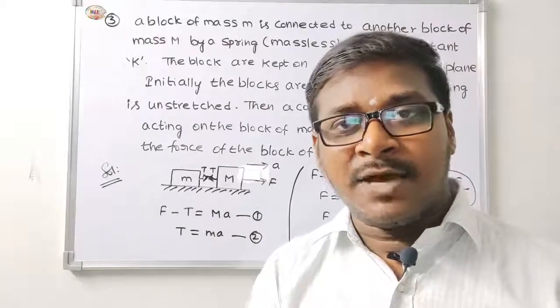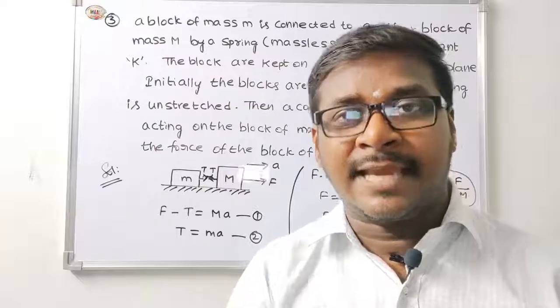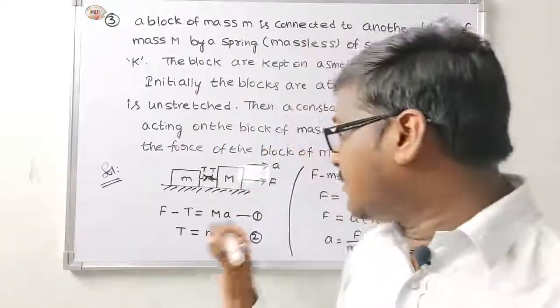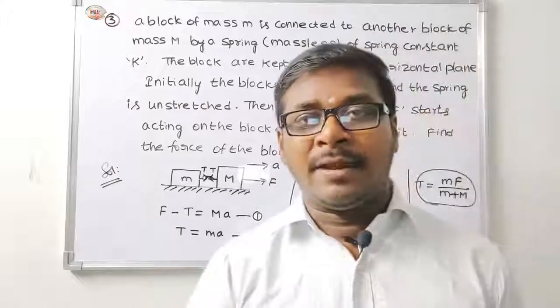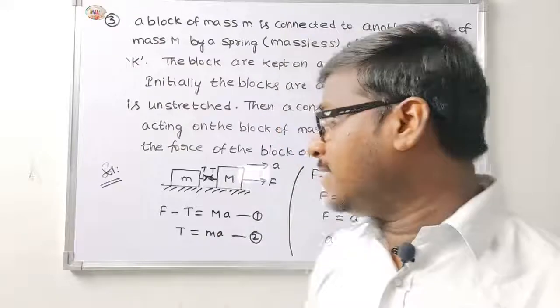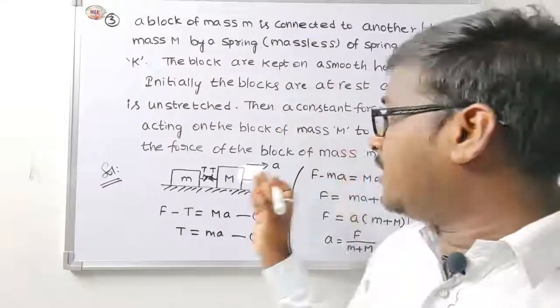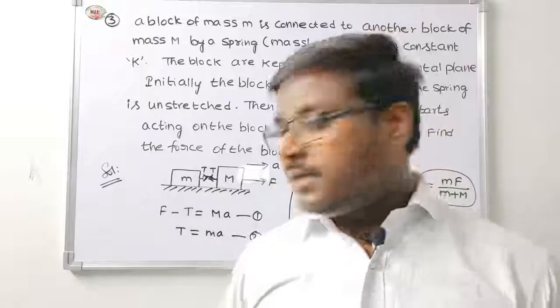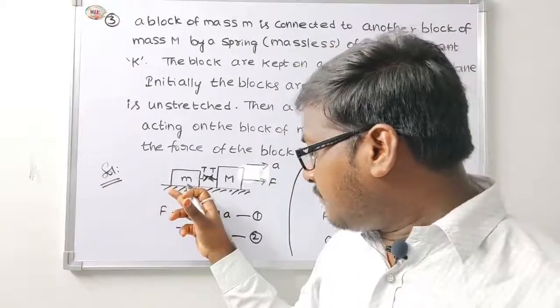The spring is massless and the spring constant is k. One force acts on the block of mass capital M. Then find the force on the block of mass small m.